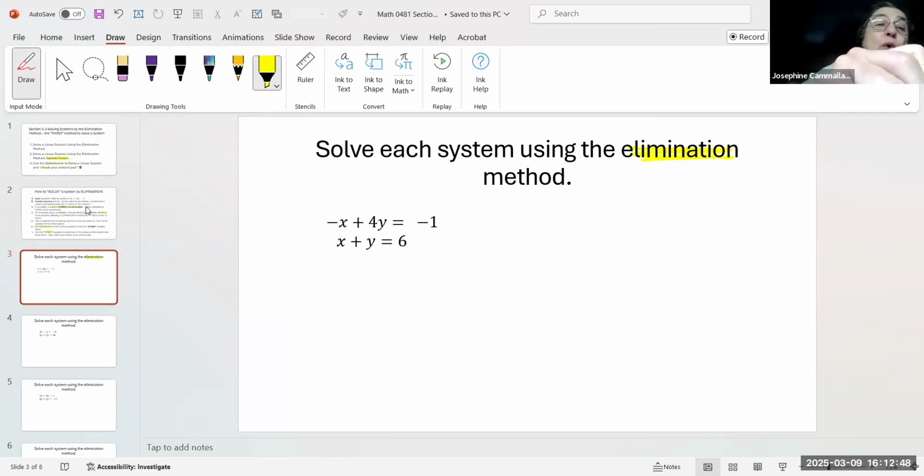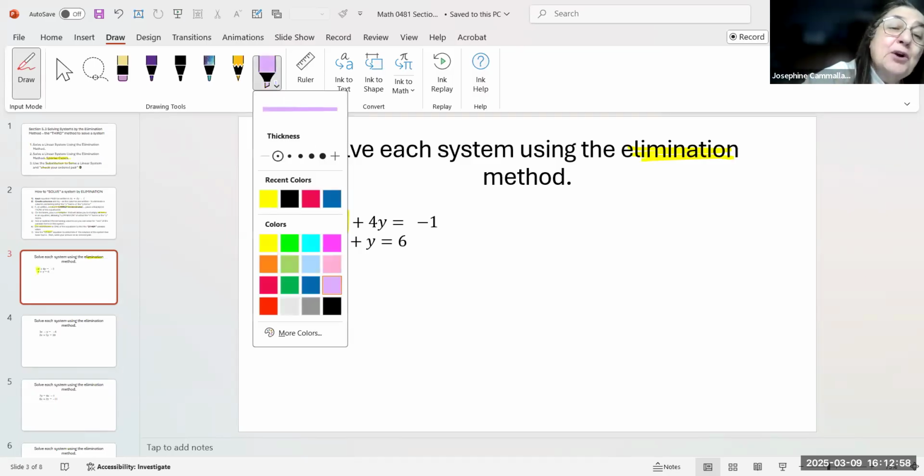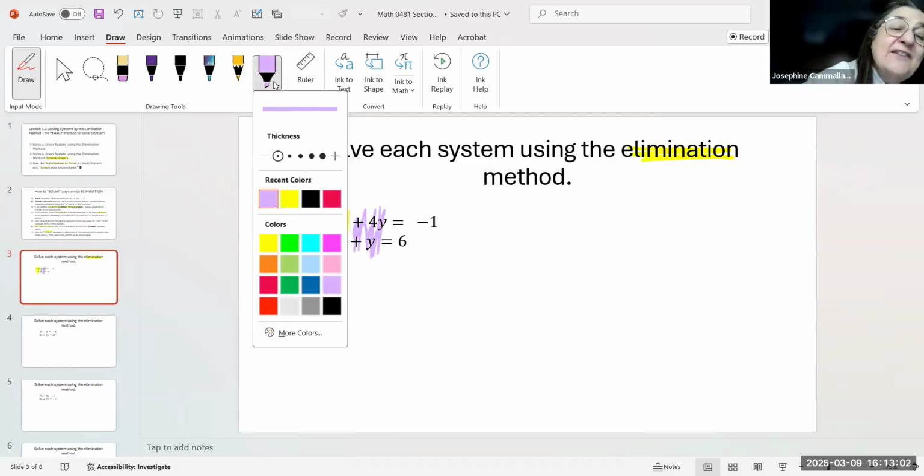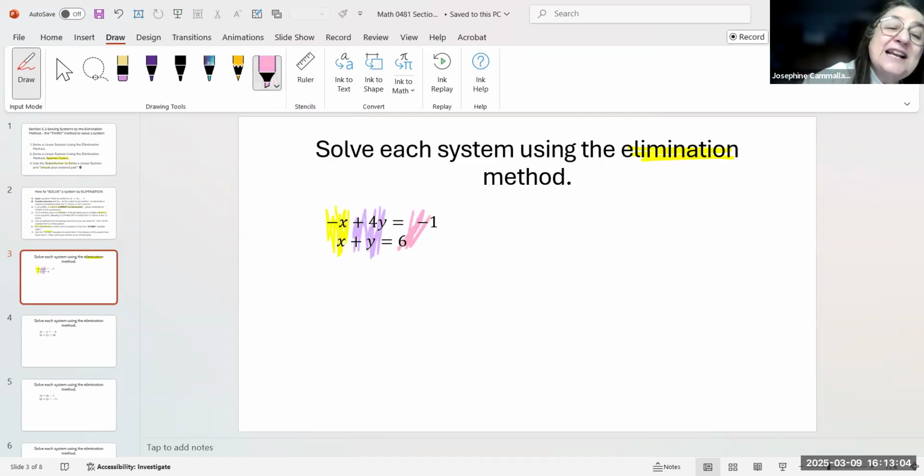Well, right away, we are going to create columns, which means this is my yellow column. This is my purple column. And then I have this lovely pink column. Okay.